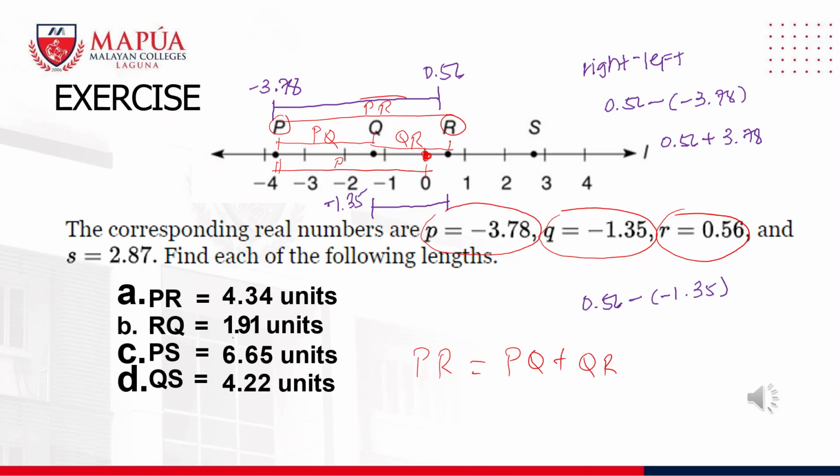PQ is just, sorry, it's not P, PQ is up to this point only, class, this one. So what is this? We have Q. Q is the distance from 0 up to this one.